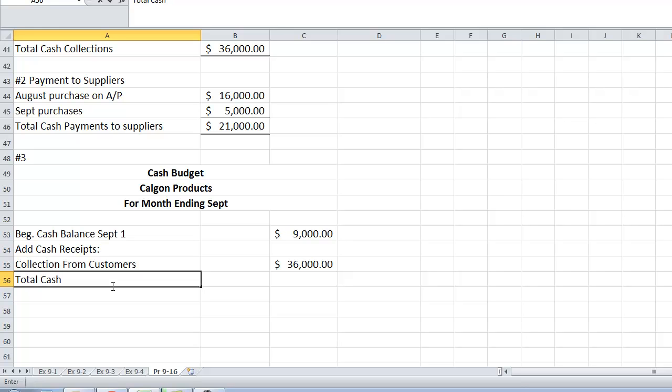Total cash available before financing. Then we have payments to suppliers. Well, actually, let's call this less cash disbursements.